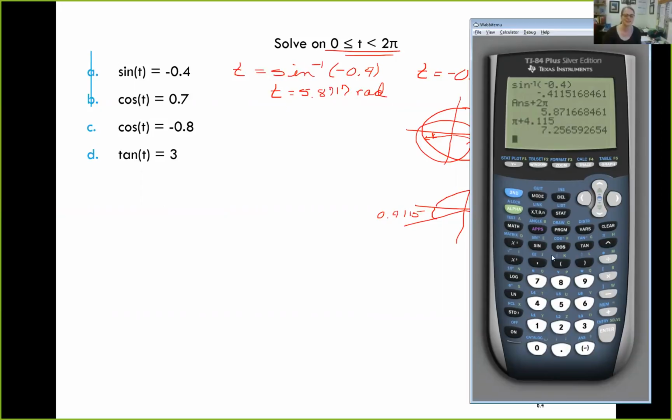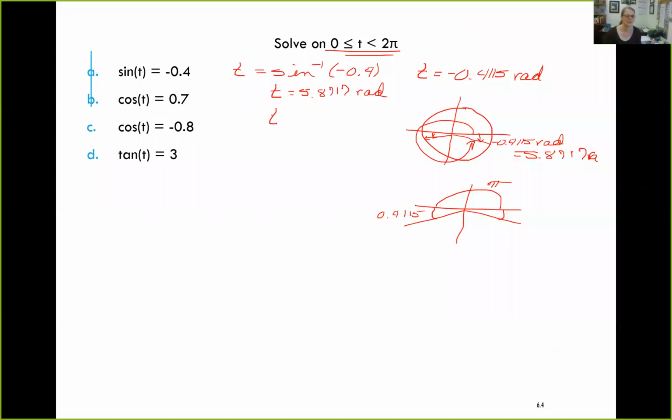What did I do wrong? I added 4.4115, not 0.4115. There we go: 3.553.